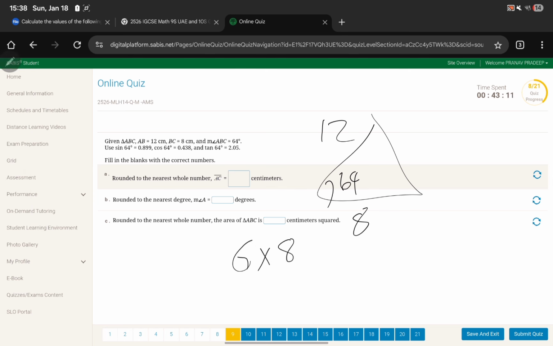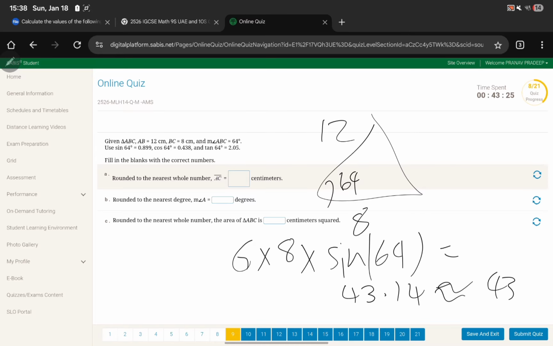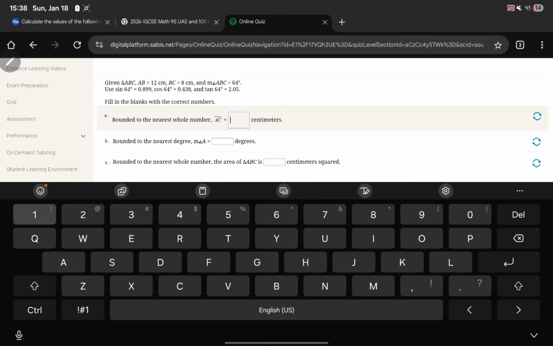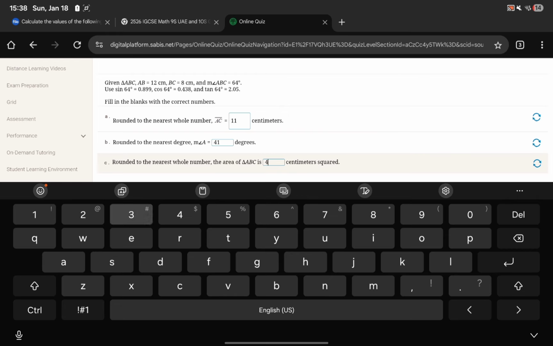And then you do times sine 64 to find it, it's gonna be 43.14. Just 43. So 11, 41, 43.